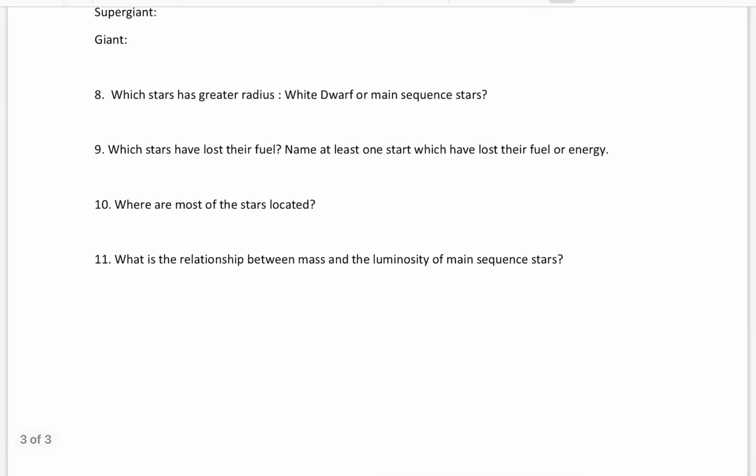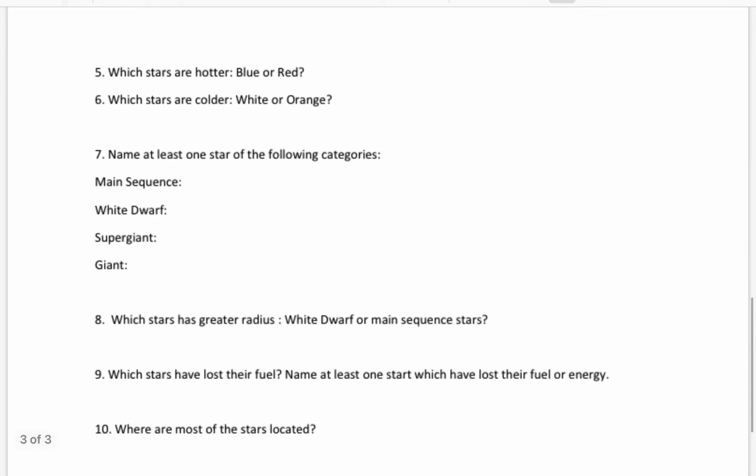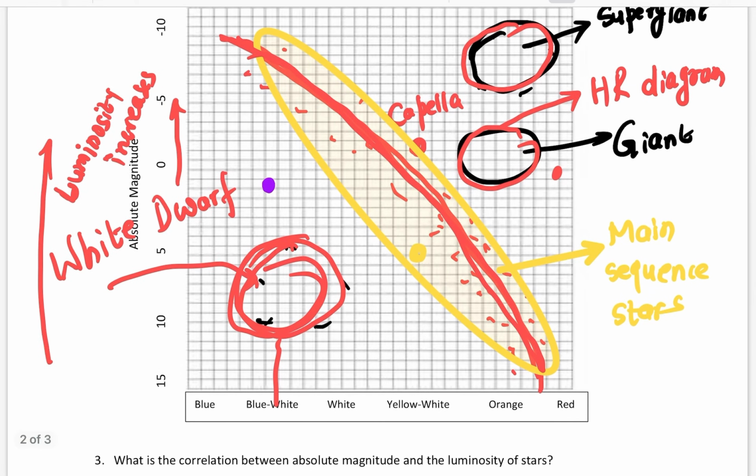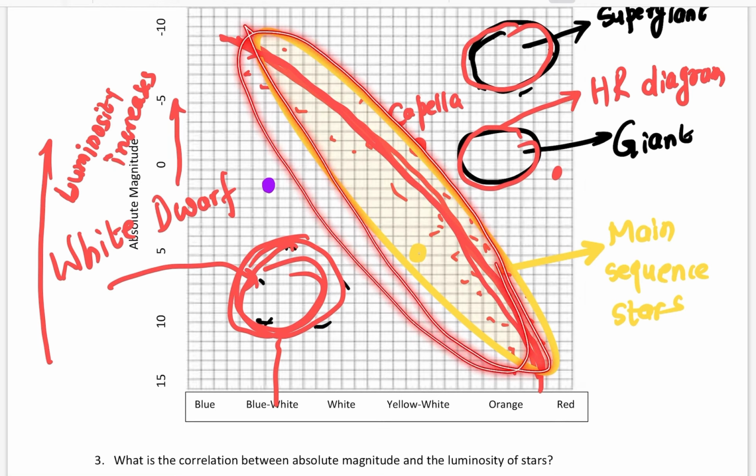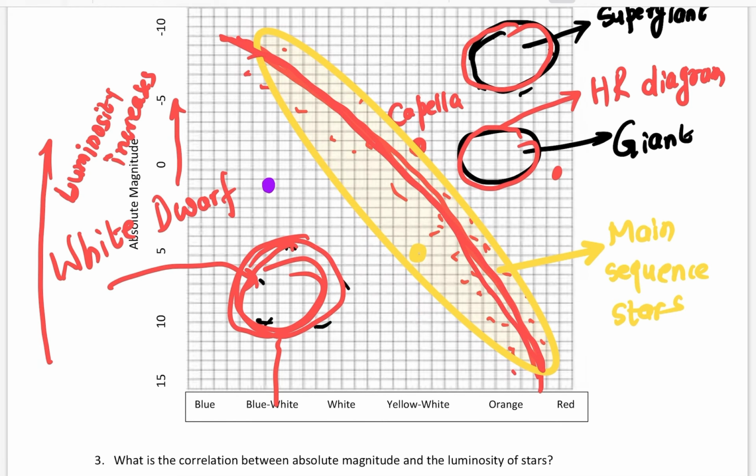And the other question is, where are most of the stars located? So if you plot the graph here, most of the stars fall within this region here, that is the main sequence star. The main sequence star means they are burning their fuel. That means the process by which it radiates energy is called nuclear fusion.